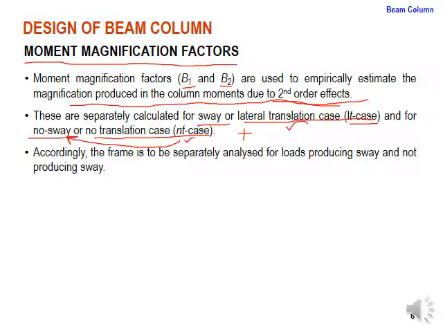Accordingly, the frame is to be analyzed separately for the loads producing sway and not producing sway. This will be more clear once we solve the numerical problem and your own design problem, in which you use the frame analysis with the no sway condition and the sway condition. Separately, the moments need to be calculated and multiplied with B1 and B2.